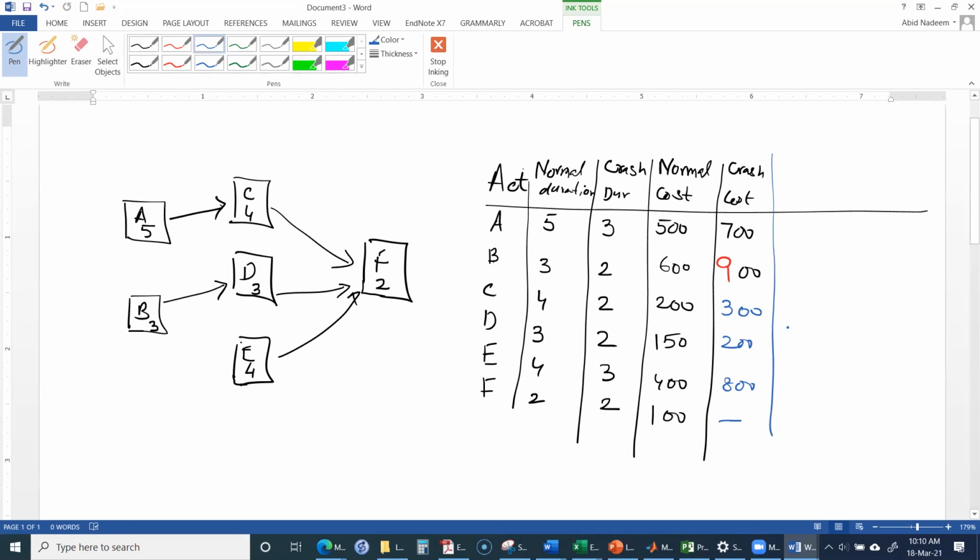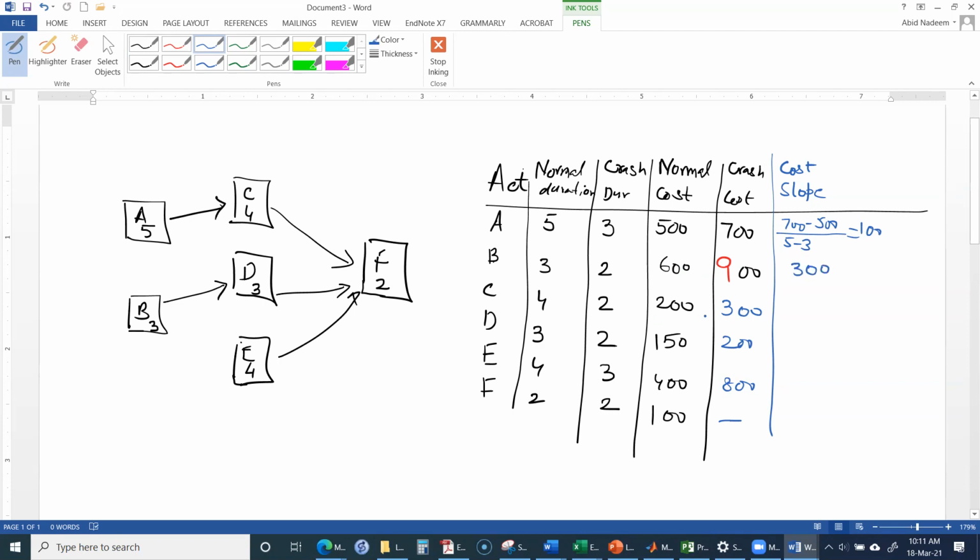So in this time cost optimization, the next step is to calculate the cost slope. The cost slope is the cost of increasing the activity per unit time. The cost increase in this case is 200 for 2 days. So it will be 700 minus 500 divided by 5 minus 3, which is 100. Then 900 minus 600, 300, divided by 1 is 300.